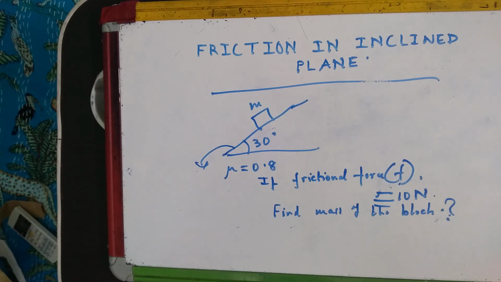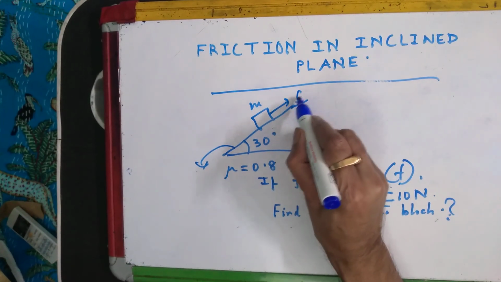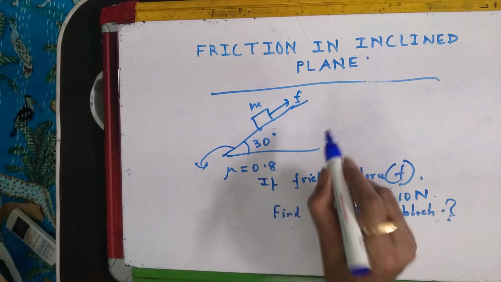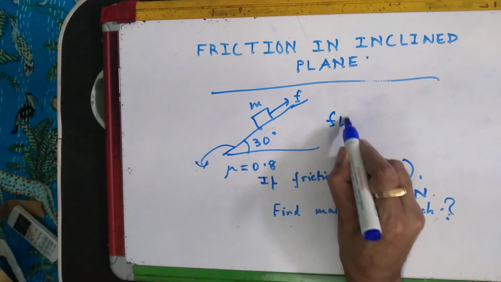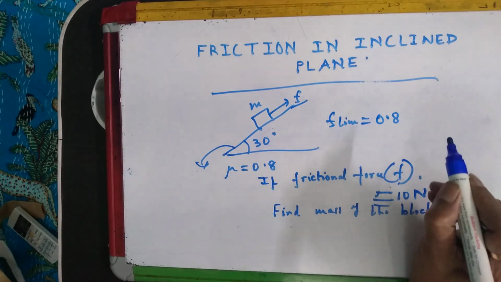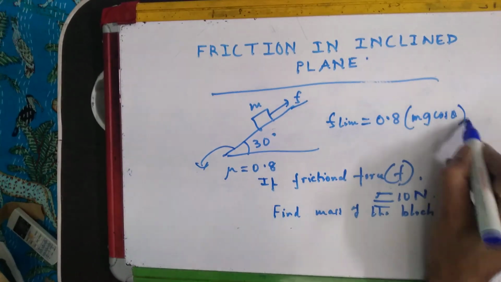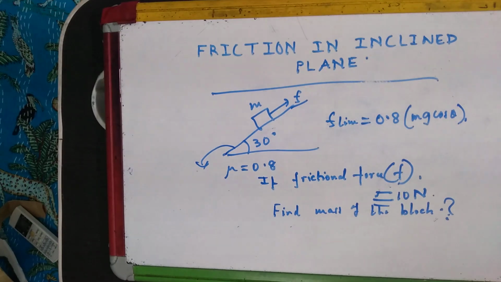If it had been the angle of repose, the limiting friction acting upwards would have been F limiting equal to mu, which is 0.8, into mg cos theta. Since we don't have any information whether 30 degrees is the angle of repose, we should not get caught in such problems.